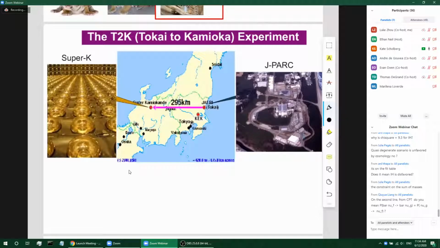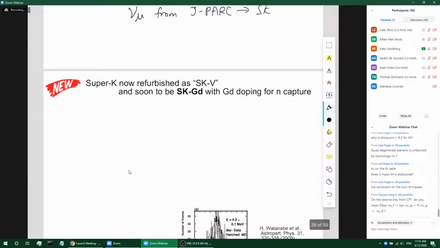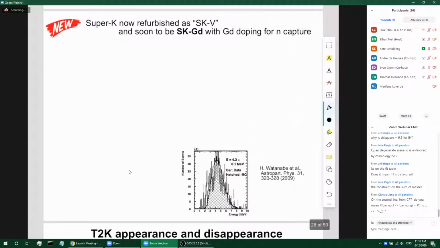It's a high intensity, 750 kilowatt class nu mu beam from J-PARC to Super-K. Let me just make a couple of comments here. I guess I'm going to run out of time, so I won't say too much here.